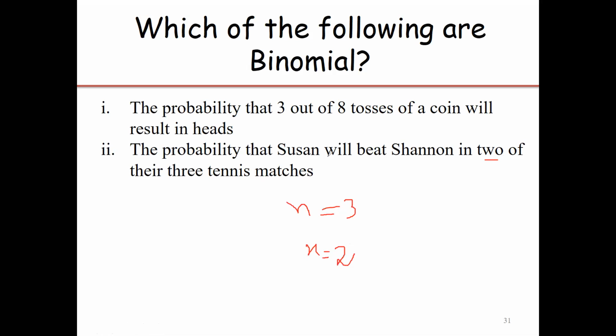But it is not decided here what the success rate of Susan is. It is not given, so you can assume both have the same rate of success. The 0.5 can be used.